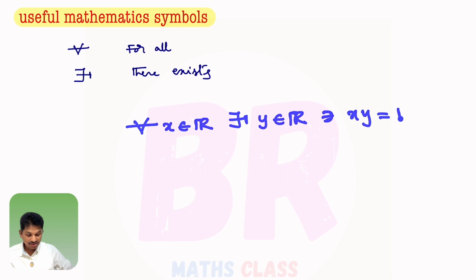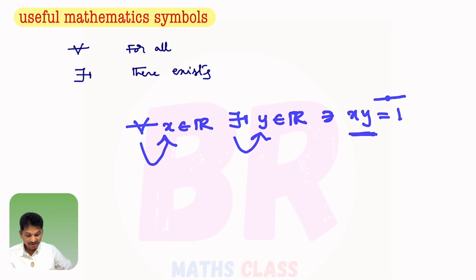So here it tells you that for every real number x, there exists another real number y such that xy equals 1.